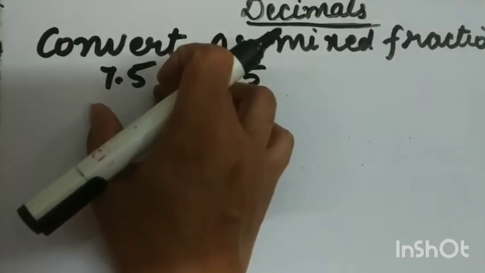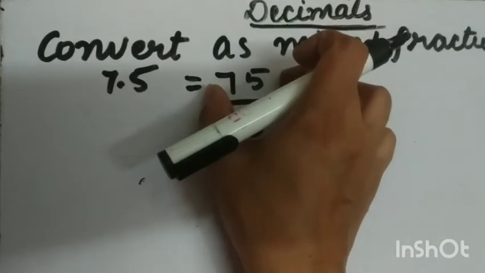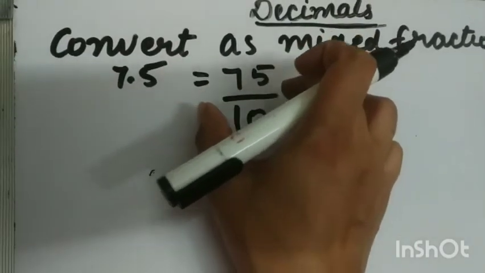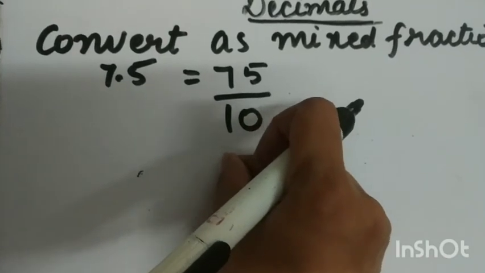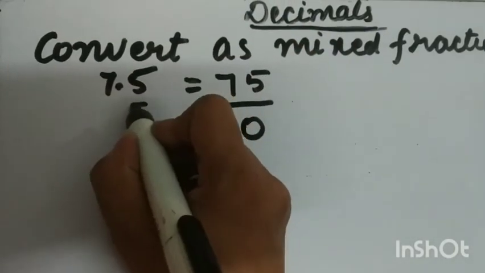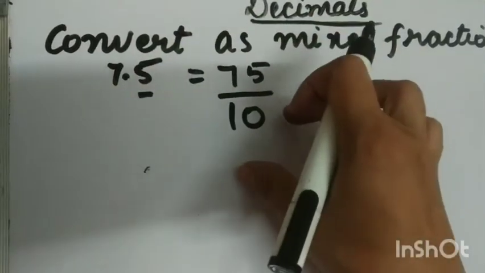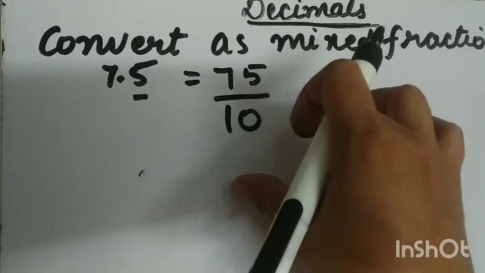Here it's 7.5. We have removed the decimal and it became 75. And in the denominator we write 1 followed by as many zeros as there are decimal places in the given decimal, and in this only one decimal place is there, so we put one 0. So it is 75 upon 10.